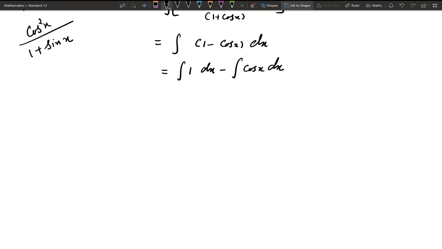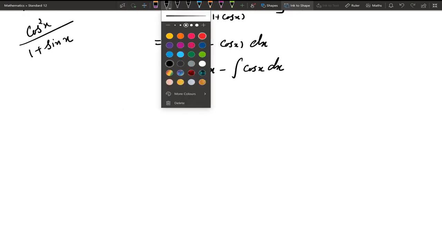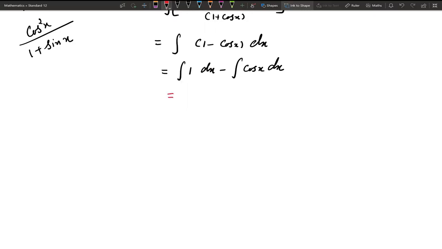So the final answer of this integration is x minus sin x plus constant of integration. So this is the answer.